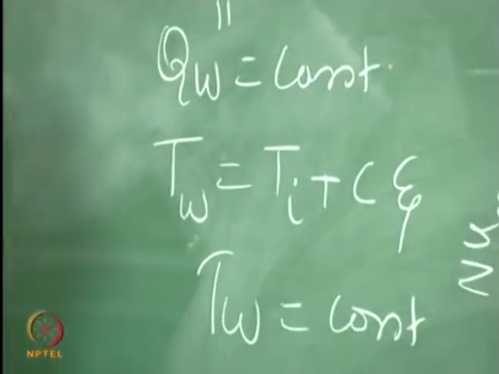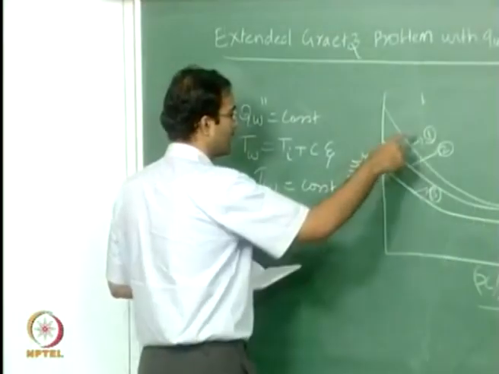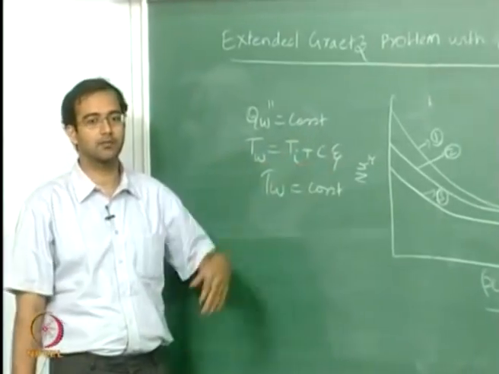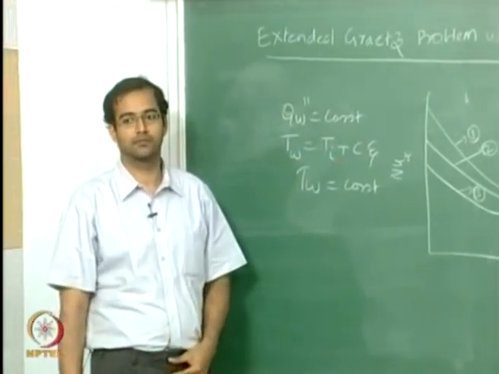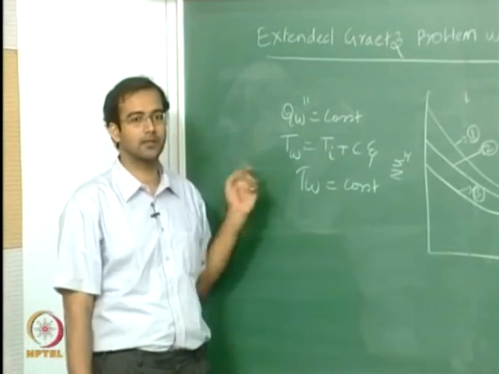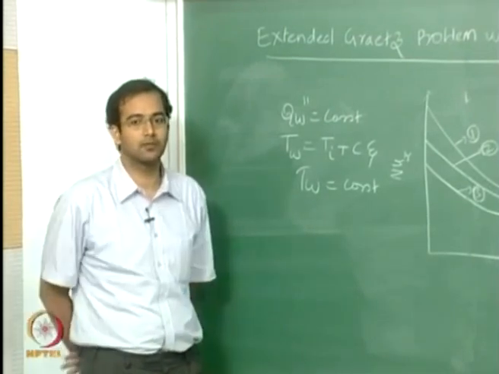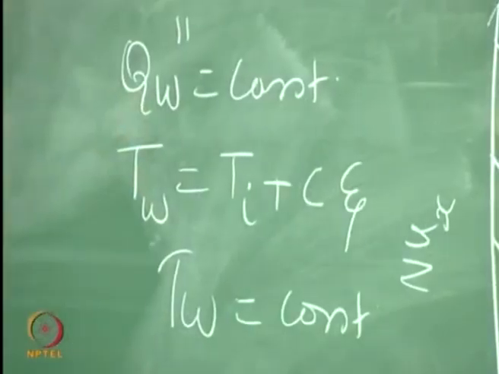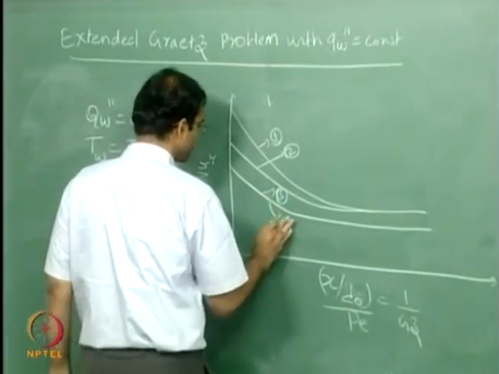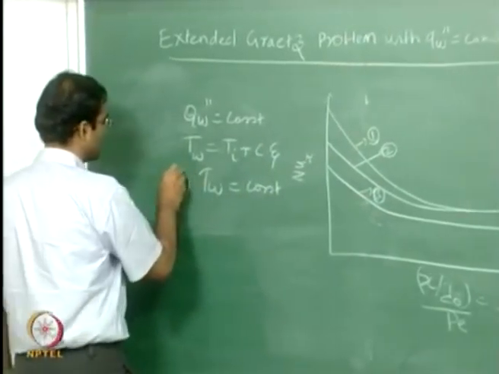Now I have marked here 1, 2, 3. So you have to tell me which one corresponds to 1. Let us start with 3. Out of these 3, which one do you think will be corresponding to number 3? Which boundary condition? T wall is constant. So that is number 3.